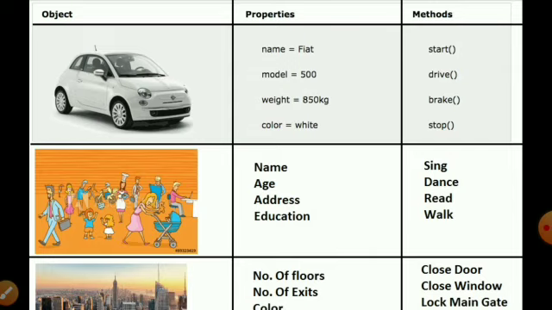Now look at the last column, the type of actions that a street can perform. The first action I've listed is drain water, isn't it? When it rains, the street must be able to drain the water, so that the water is not logged on the road.